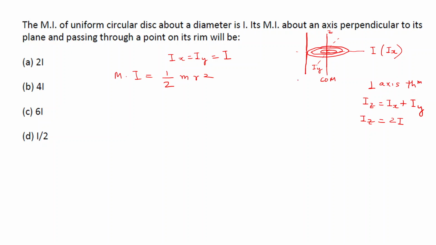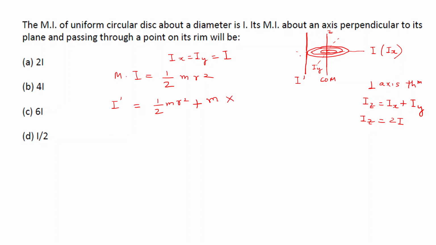Now we need to find out the moment of inertia corresponding to this axis, let's call it I prime. Okay, so the moment of inertia corresponding to this axis will be half mr square plus, I'm writing from the parallel axis theorem, this times the distance squared.